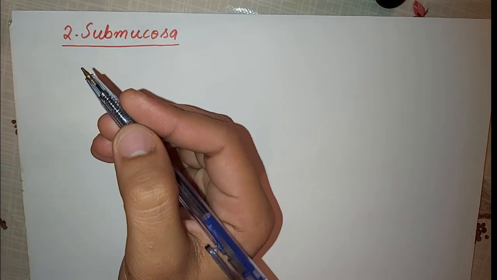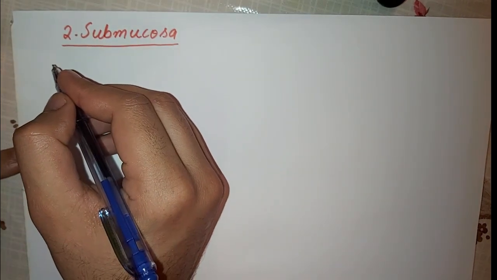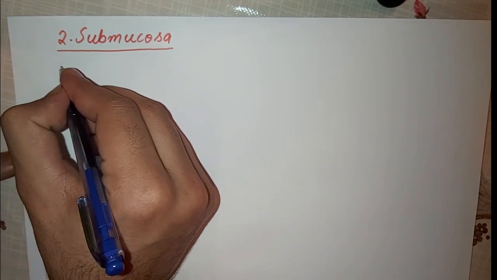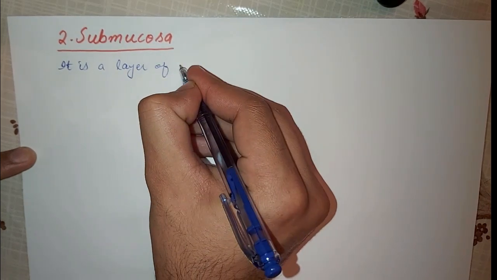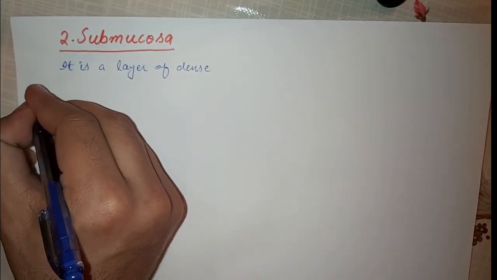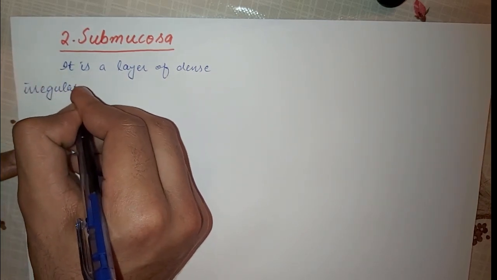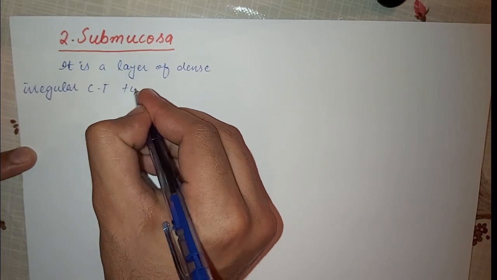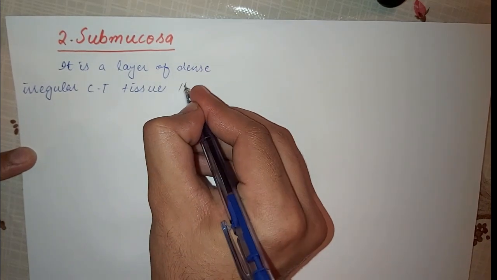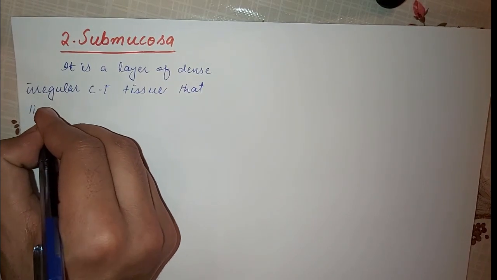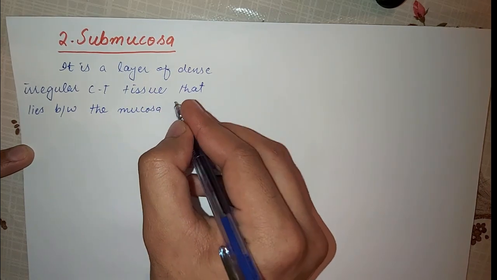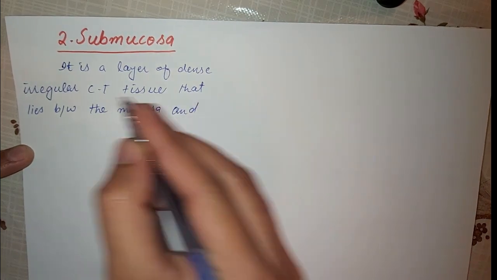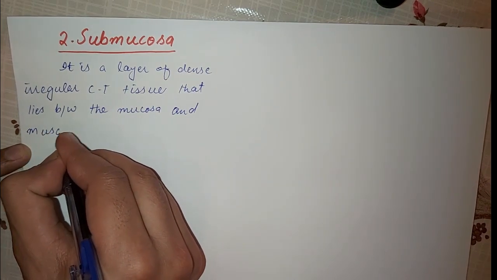Submucosa is a layer of dense, irregular connective tissue that lies between the mucosa and muscularis externa.